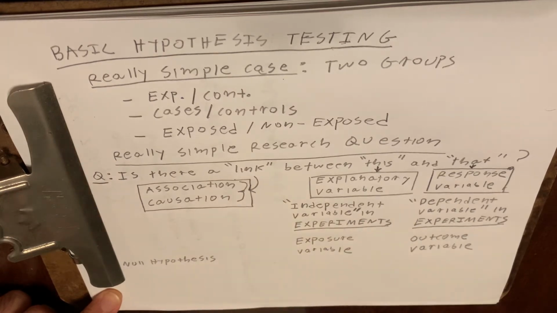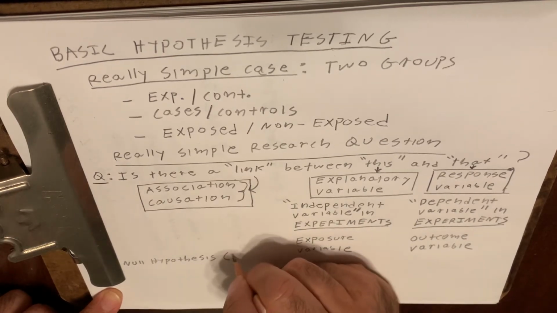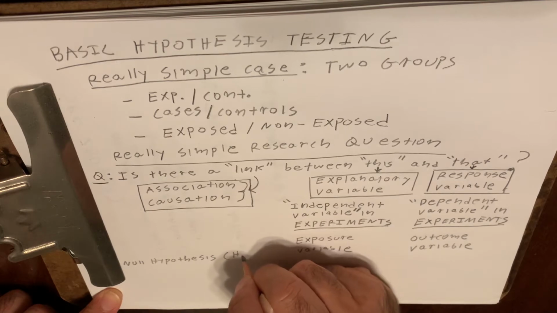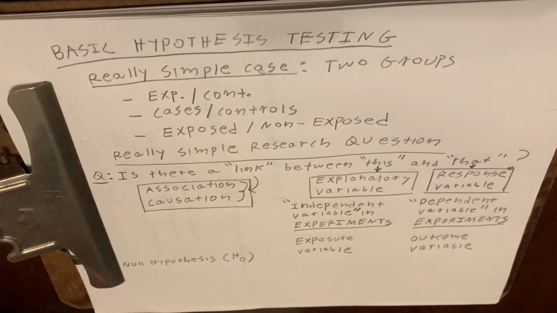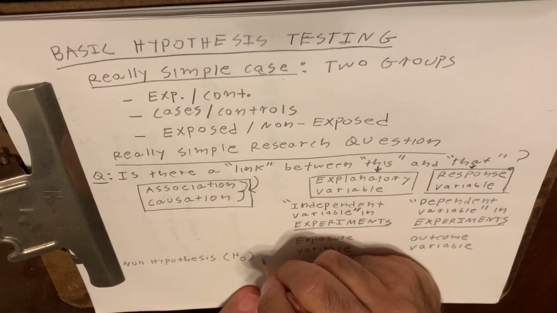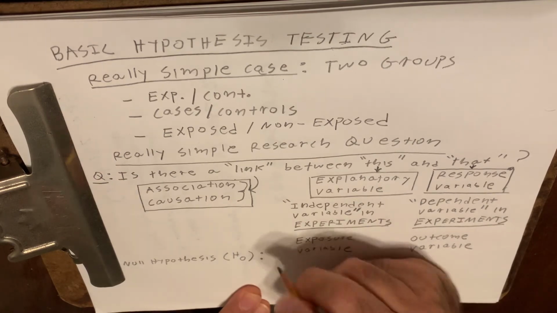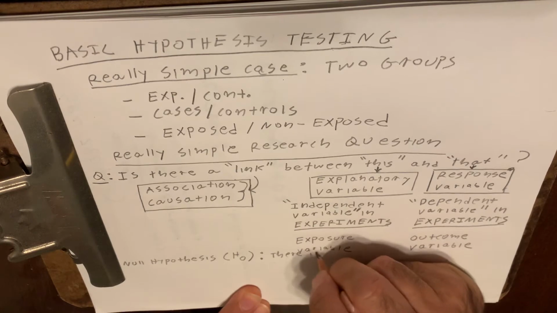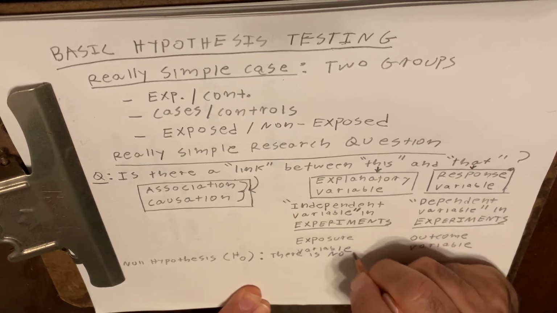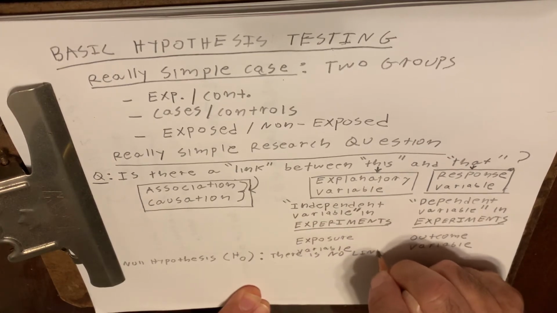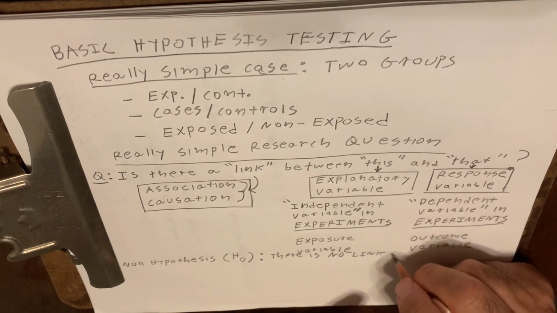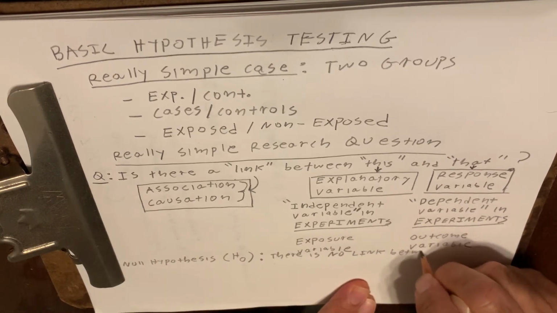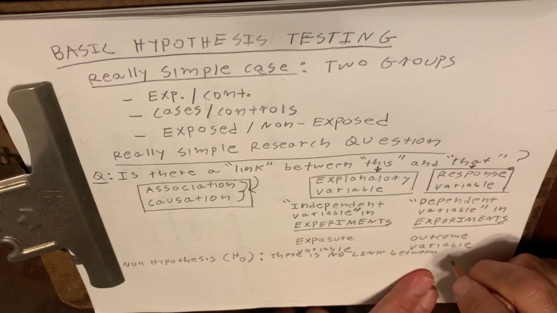And the null hypothesis is symbolized by a capital H with a subscript 0. And the null hypothesis is some variation on the theme, there is no link between "this" and "that."